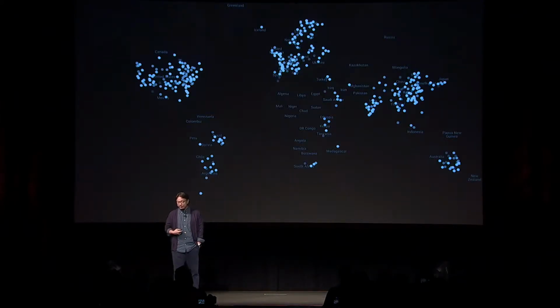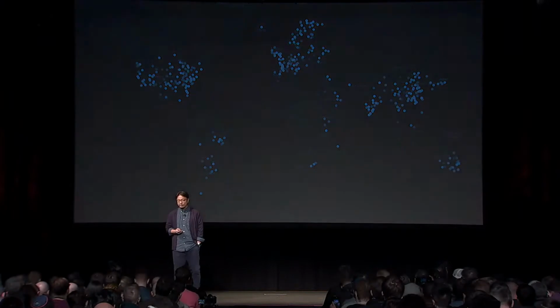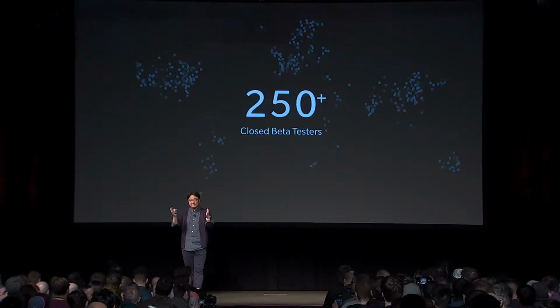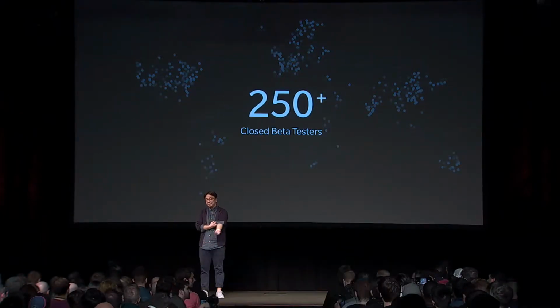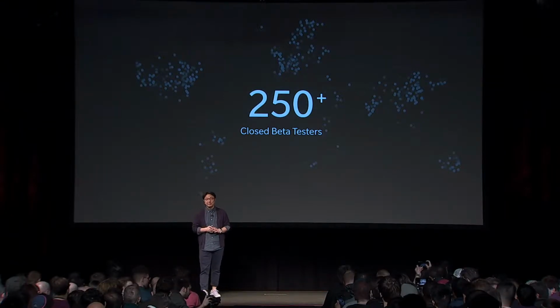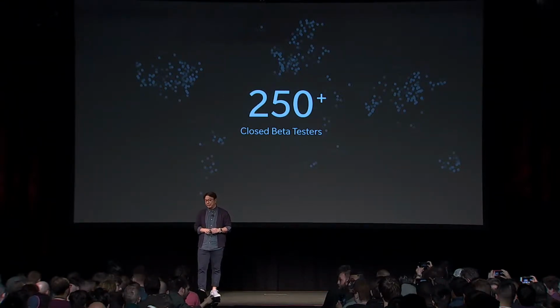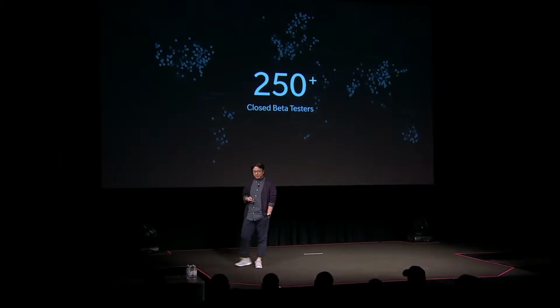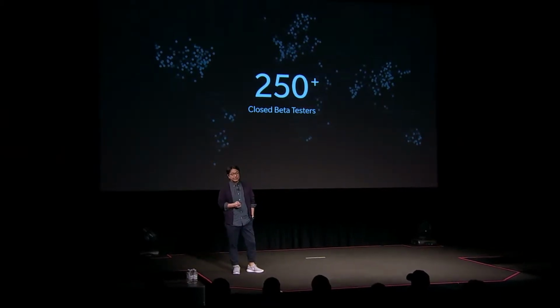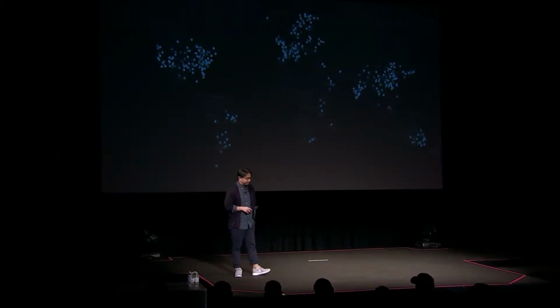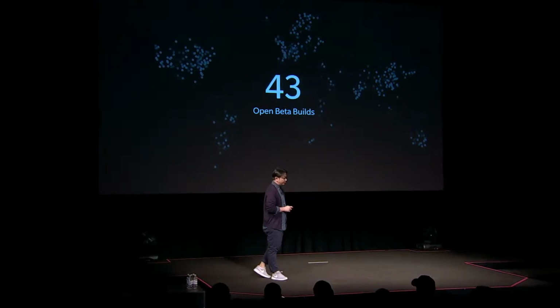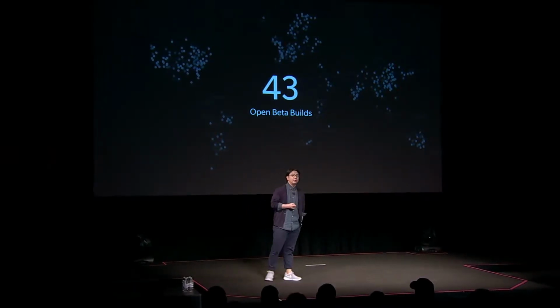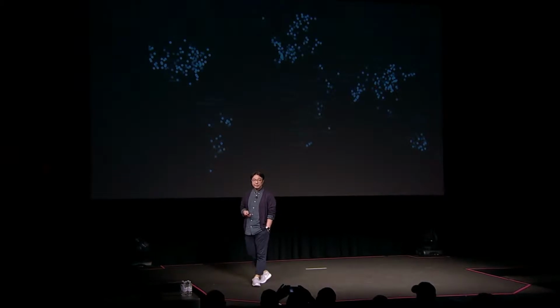We are proud to have some of the members of our beta program with us today. Please light up. They are contributing to making your experience better and better. They helped us release 43 open beta builds starting August 2016. Since then, these builds have been shared with over 15,000 open beta testers.